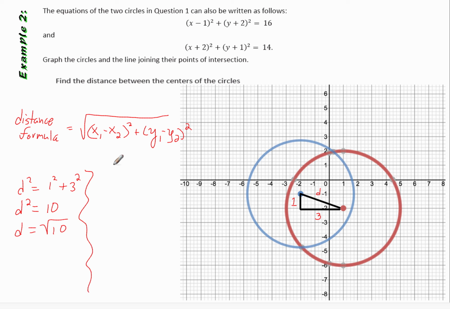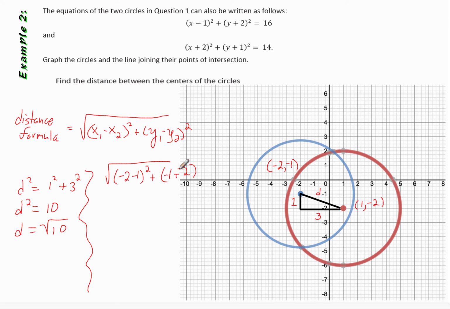I can do the same thing with the distance formula if you don't believe me. Let's see, I've got to get my centers. My center over here is (1, -2). And my center over here is (-2, -1). So my x's: -2 minus 1, plus my y's: -1 minus -2.